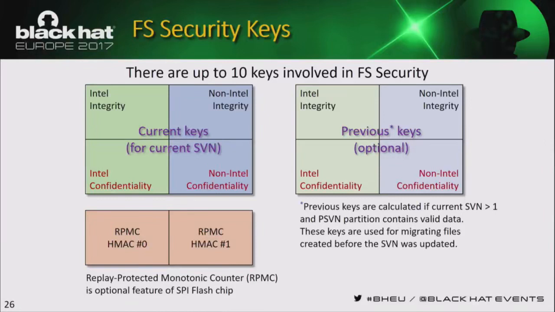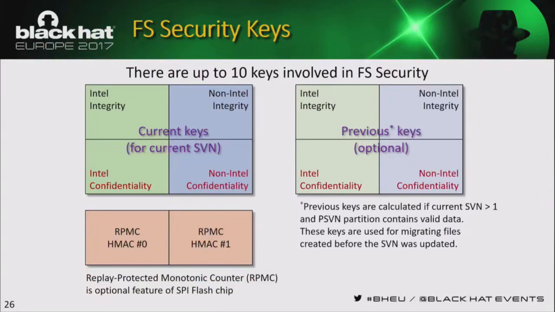And the keys are calculated at the very early stage of ME running. And there is a special check that the current SVN version is above 1. And there is a special partition named PSVN, which contains the previous SVN number.